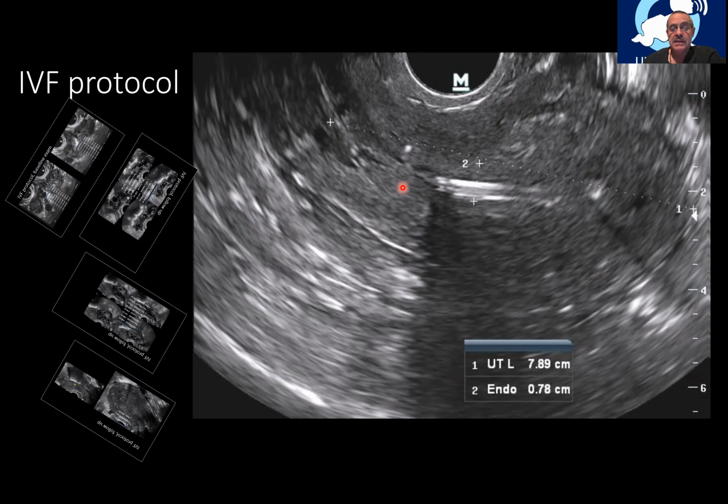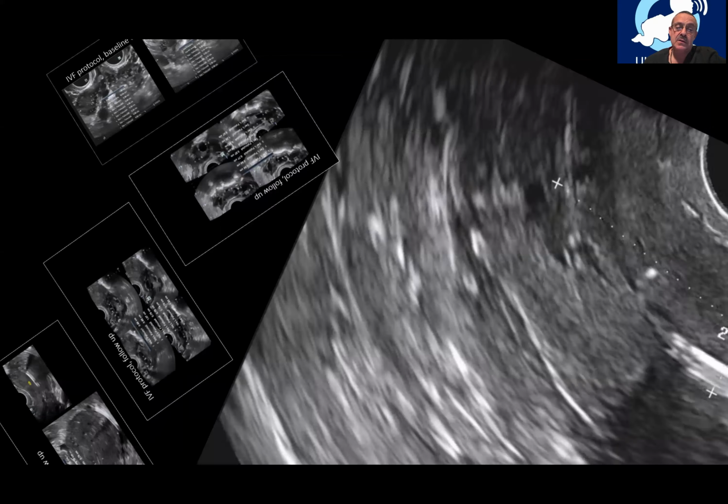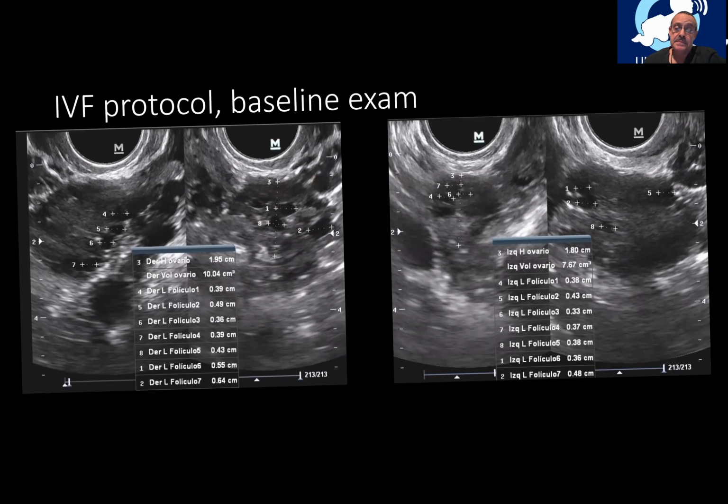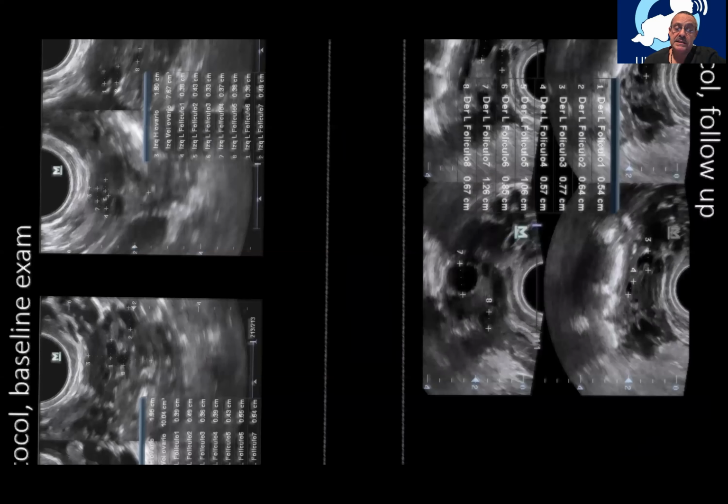Let's take a look at how ovaries under IVF protocol look like. This is a baseline examination of an ovary with a lot of immature follicles. See the small round-shaped areas which are echo-free, black, in both ovaries.